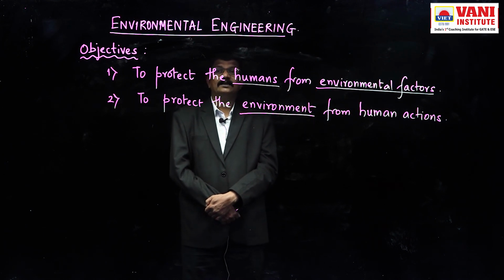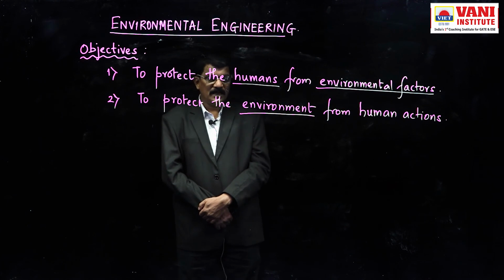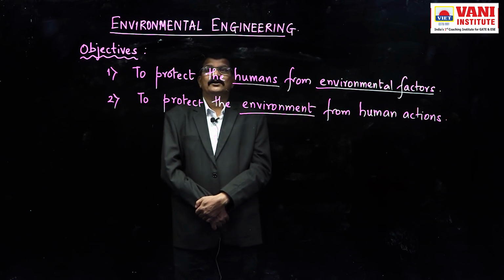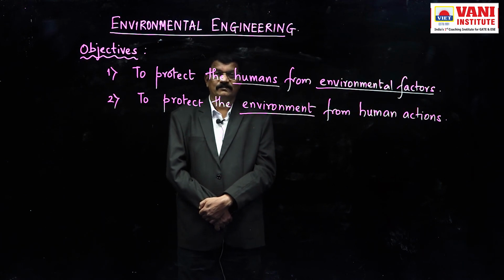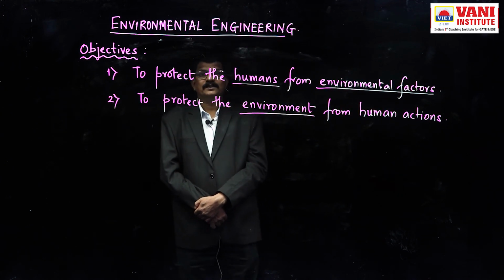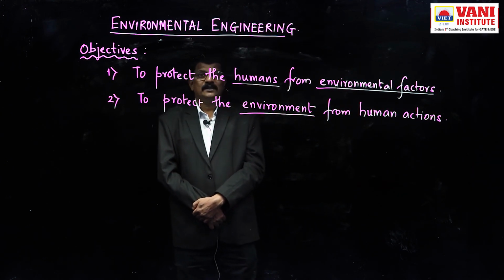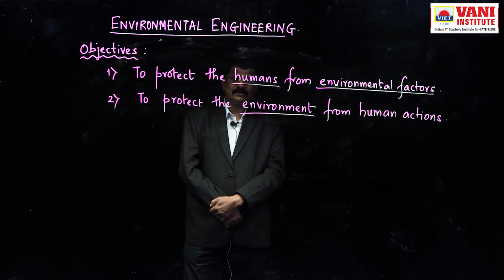So this is the scope of the subject environmental engineering, which is probably the second most important subject which has weightage for the GATE examination. So having gone through the domain of environmental engineering, we shall now take up the first part of environmental engineering, and that is water supply engineering.